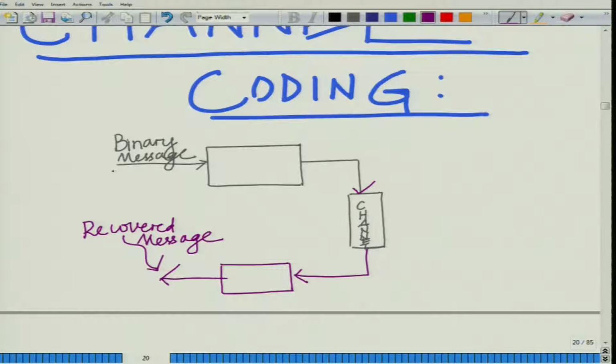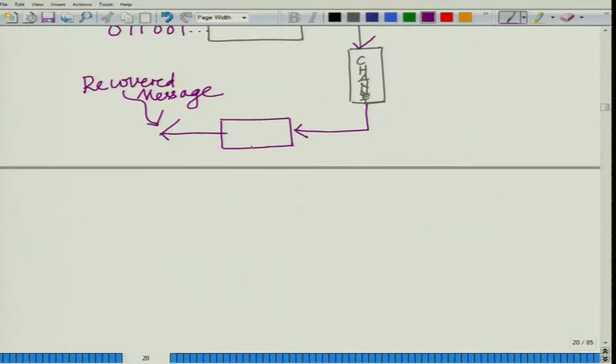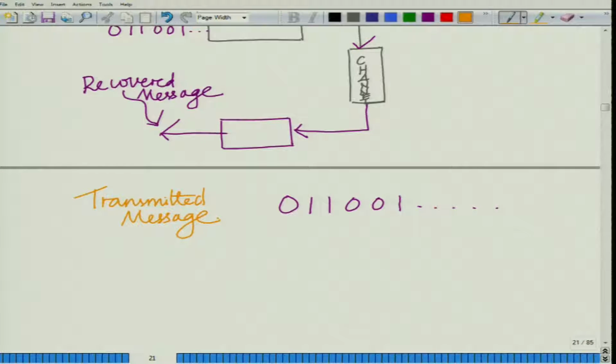Let us say we are transmitting the binary message 0, 1, 1, any arbitrary message. This is the transmitted message, and the corresponding received message.